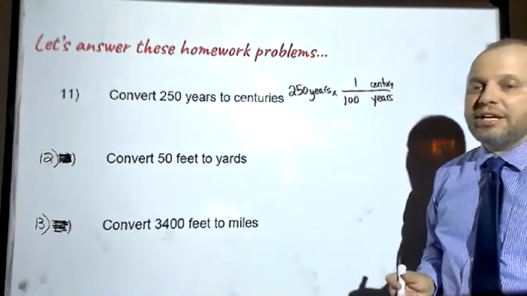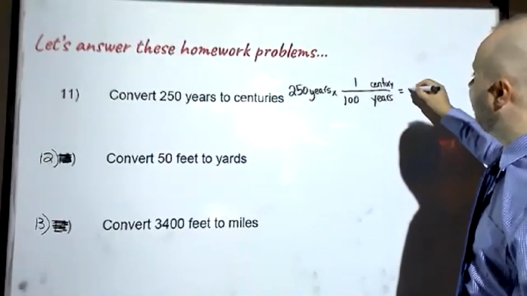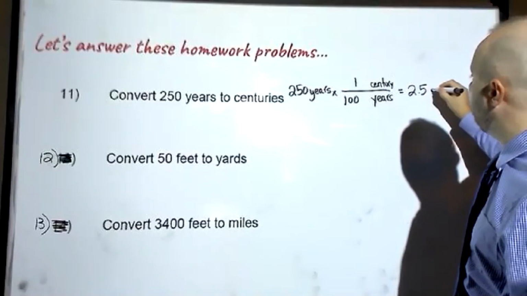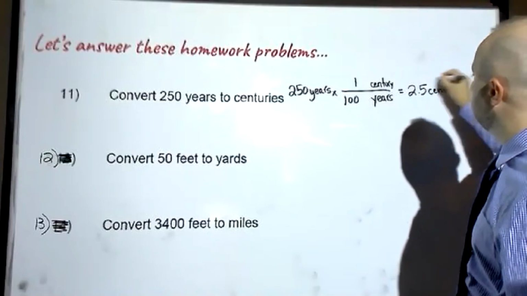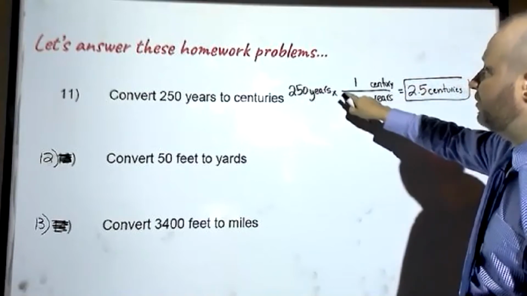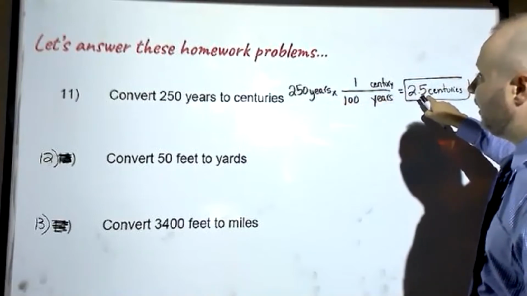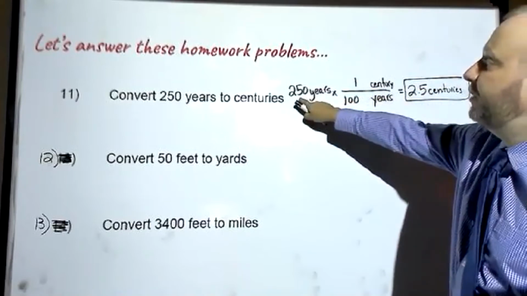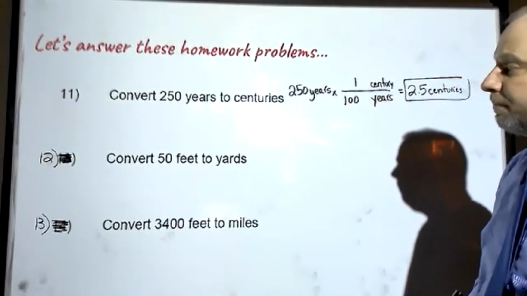So I'll give you a minute to type that in. So we wind up getting an answer here of 2.5 centuries. 250 divided by 100, divided by, because it's on the bottom, is 2.5. 2 significant figures in my answer.